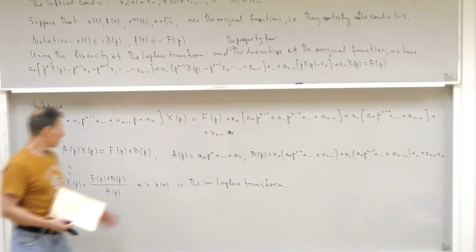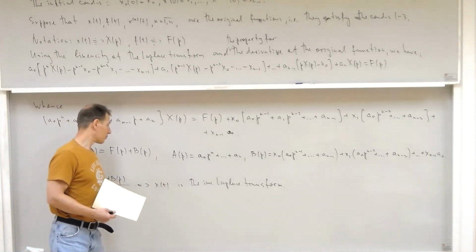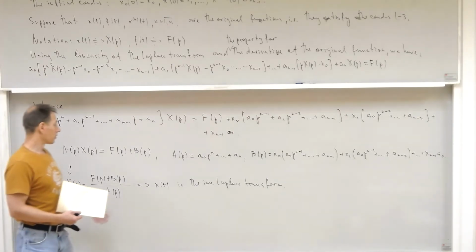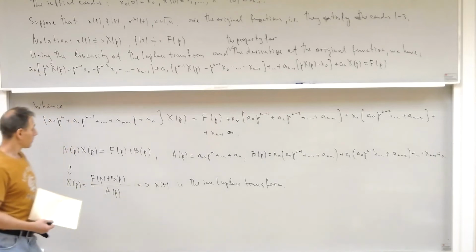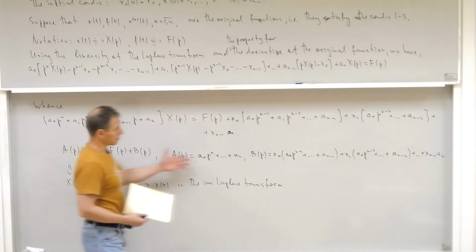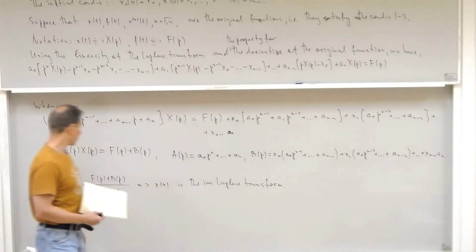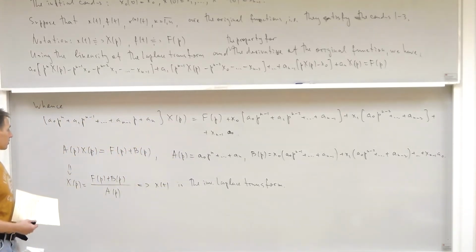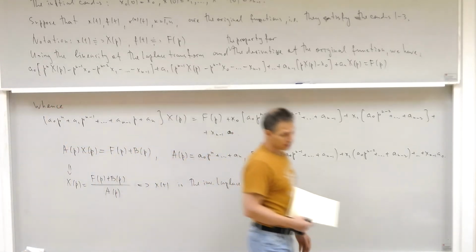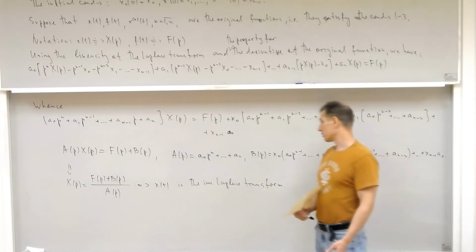We can find the original function by the inverse Laplace transform, or, for example, we can find asymptotics of this function even without an explicit expression for the inverse Laplace transform. How to do this, we will discuss next year, the asymptotics of the Laplace transform.